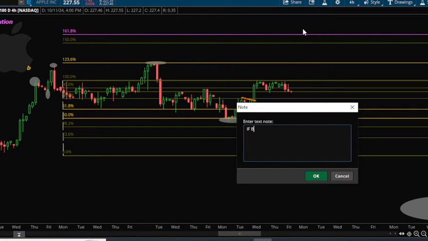If it breaks 233.52, caution target of 239.61. I'm going to put low probability. Okay.